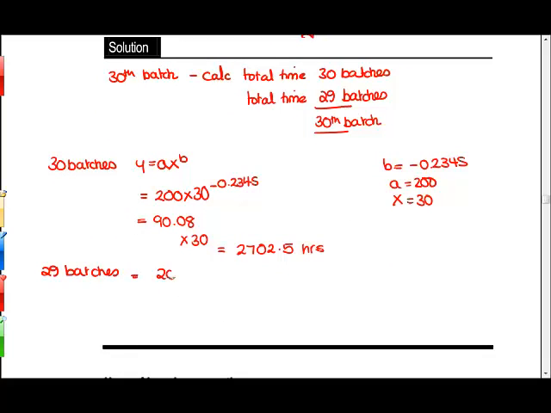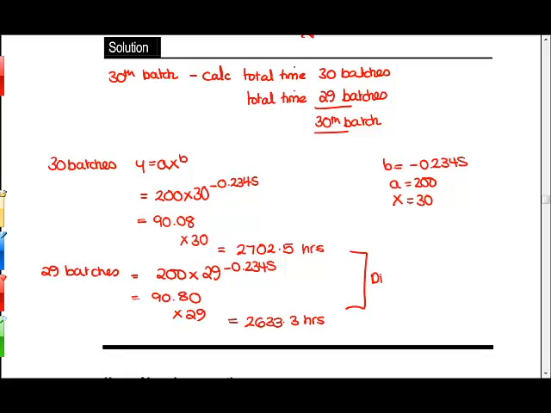Then we need to do exactly the same with 29 batches, but this time x is going to be 29. That'll be 90.8680, multiply that by 29, and that gives you 2,633.3 hours.